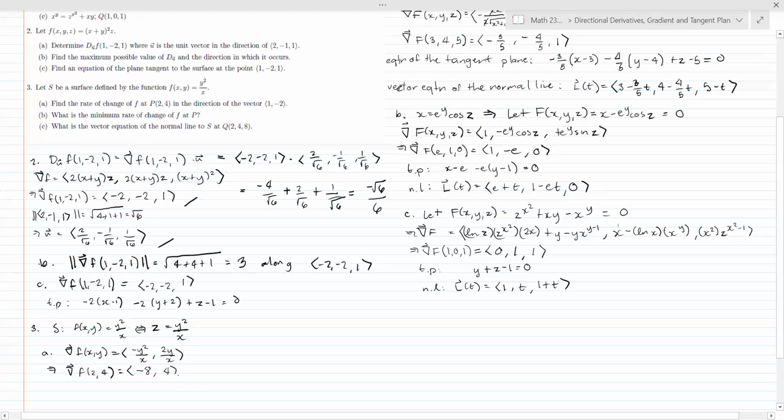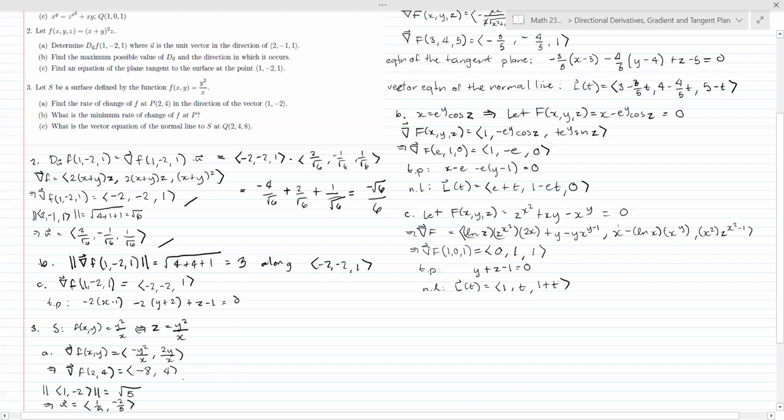So our gradient is in the direction (1, negative 2). So let us normalize (1, negative 2). The norm is the square root of 1 plus 4, that is the square root of 5. So therefore u is (1/√5, negative 2/√5). Okay?